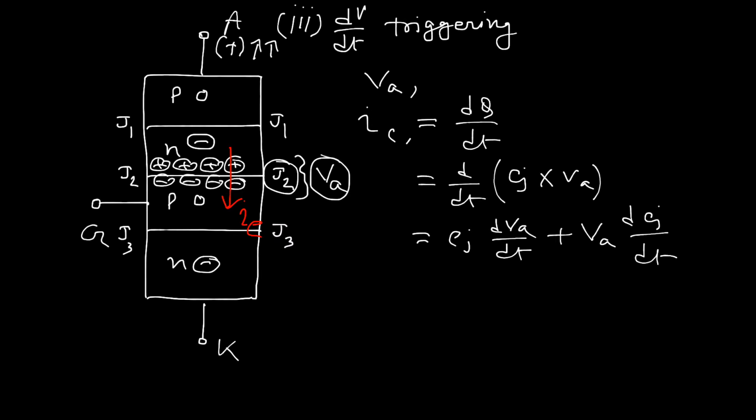So see the terms very carefully. We have reached two terms: Cj times dV/dt and VA times dCj/dt.